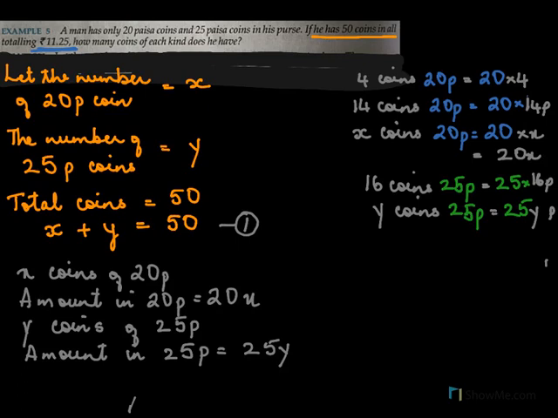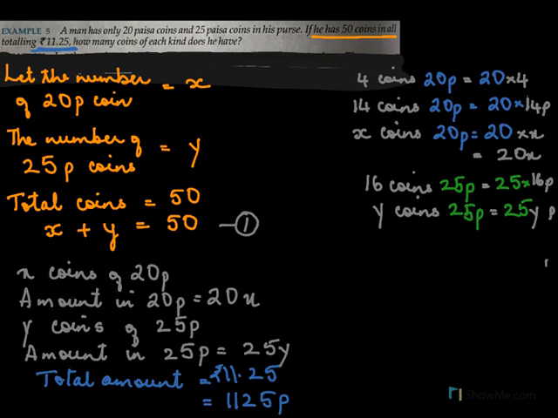And the total amount that he has is given as 11.25. Now remember, this is in rupees and the 20 paise and 25 paise are all in paise. So we need to convert rupees into paise.